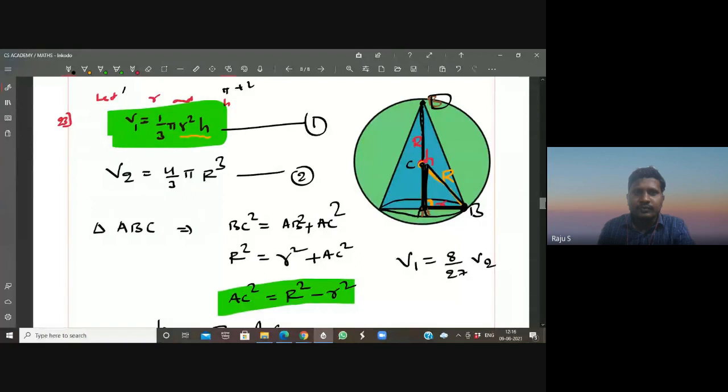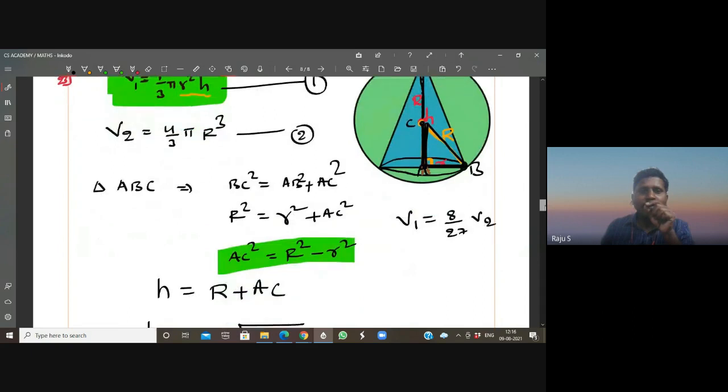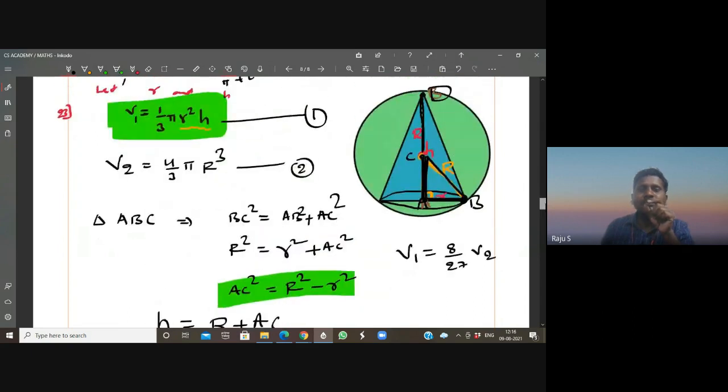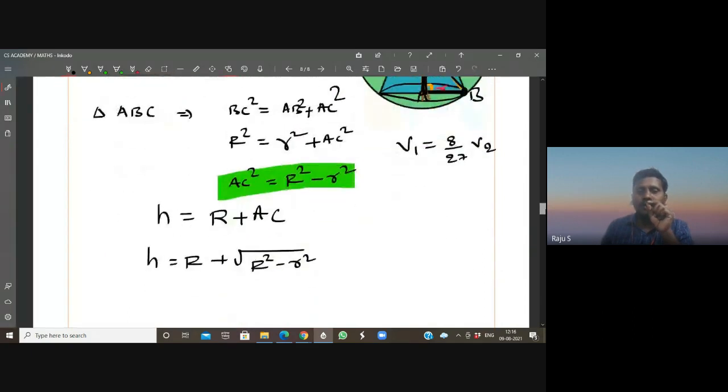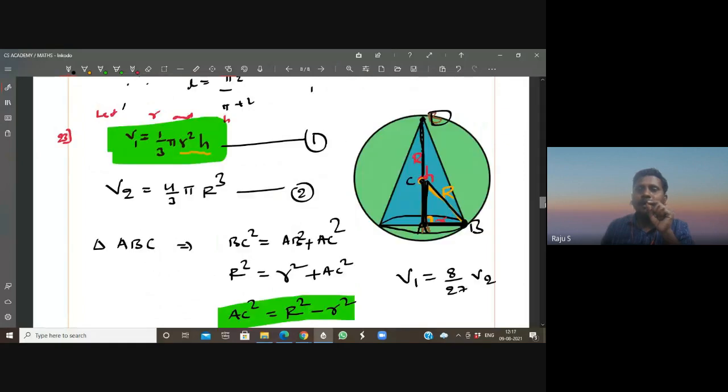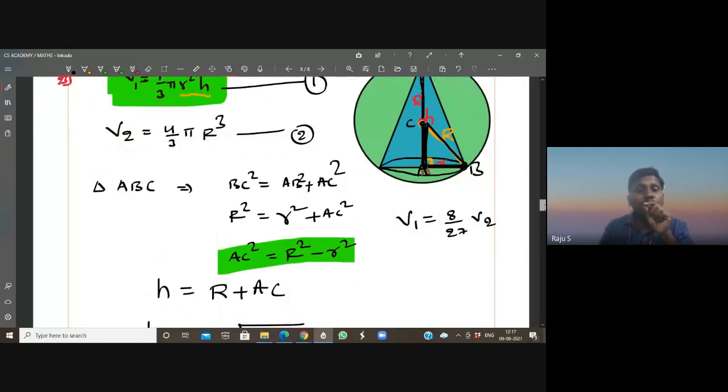We don't have any procedure to find minimum and maximum for two different variables. We have a procedure for a single variable. So for that, I want to find small h in terms of small r. Capital R is a constant. Here we have to prove that the volume of the cone alone is maximum, not the sphere, only the cone.